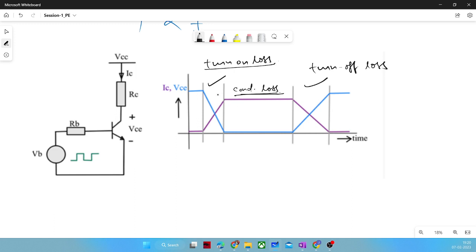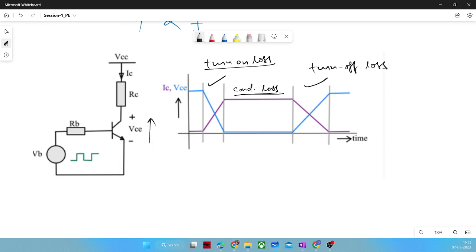Here you just need to multiply VC into IC, right? And during turn off, if I am not mistaken, some reverse current is given in the problem. ICEO is given, right? You utilize that ICEO and multiply it with VC, and you will get the turn off losses when the switch is off.